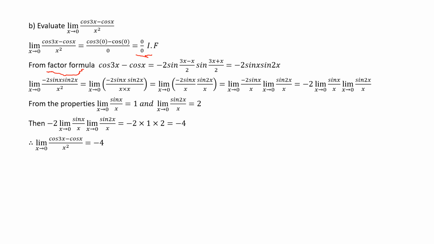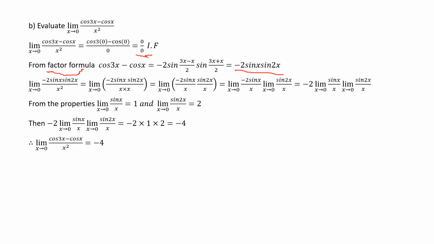Remember that property from the compound angle formulas and factor formula: cos p minus cos q is the same as negative 2 sine (p minus q) over 2 times sine (p plus q) over 2. So instead of writing cos 3x minus cos x, we can write negative 2 sine x sine 2x.